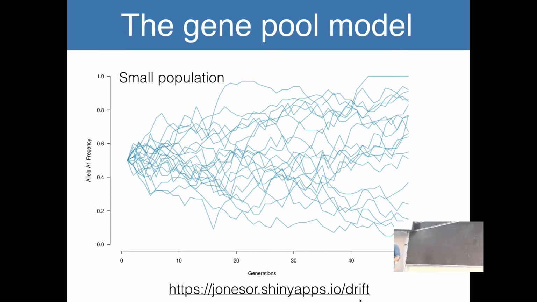So here is what it looks like with 100, with a much smaller population. I forget how many I've fixed the population to. But you can see there are wild fluctuations here.